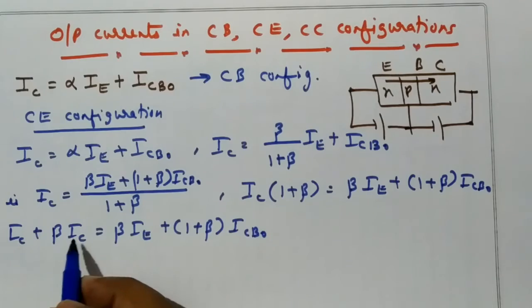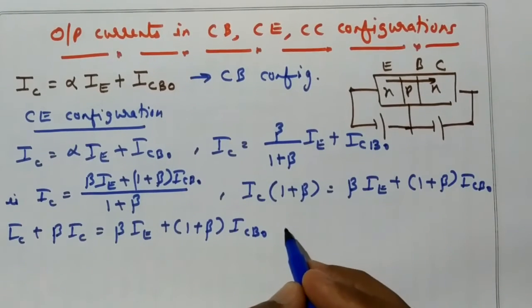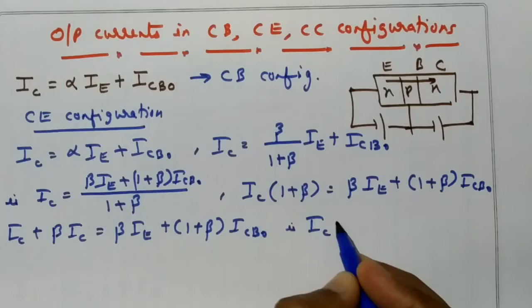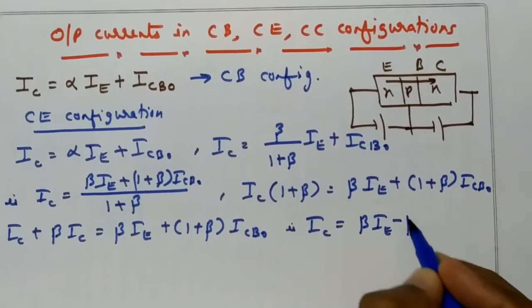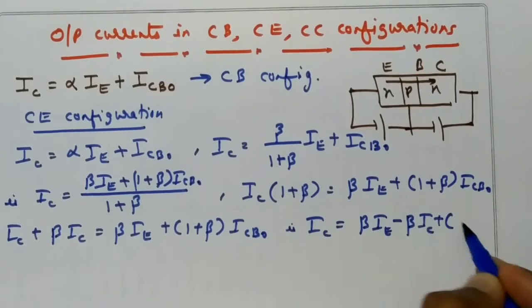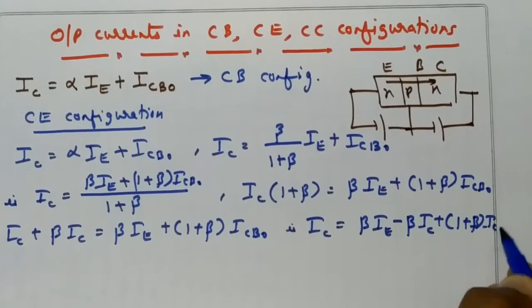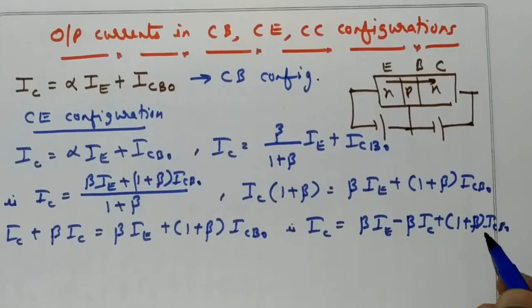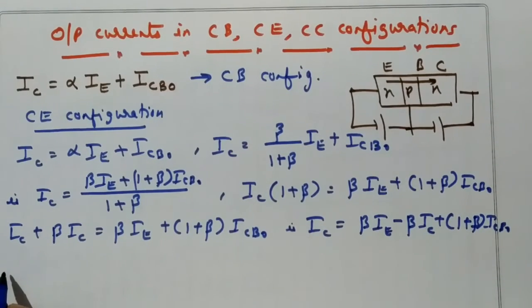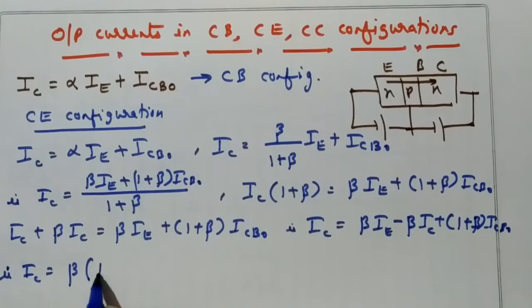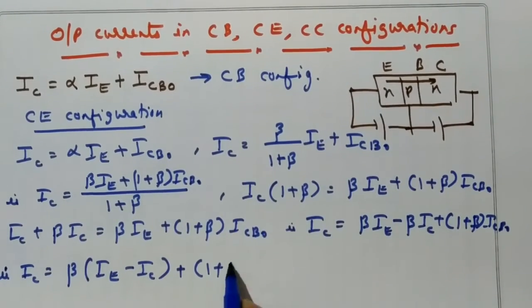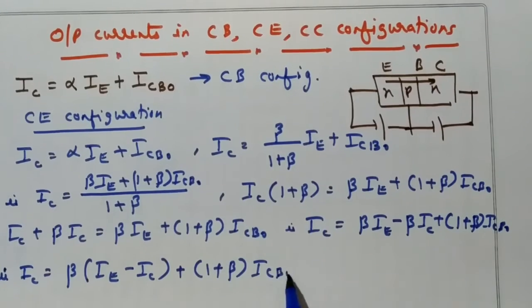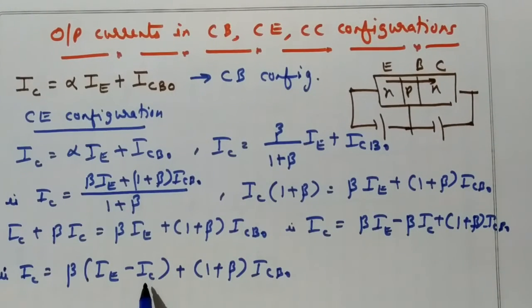I'll take this term to the right side. That is IC is equal to beta IE minus beta IC plus 1 plus beta into ICBO. That is IC equal to beta into IE minus IC, plus 1 plus beta into ICBO. IE minus IC is IB.